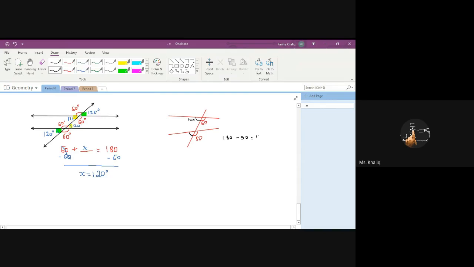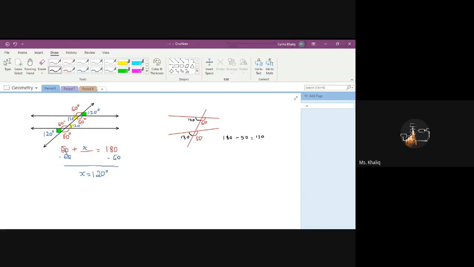So this angle is 130 degrees. And if you look into the angle relationships here, you say, hey, the corresponding angles are not congruent. And same here, the corresponding angles are not congruent. So these two lines that are given to us are not parallel.